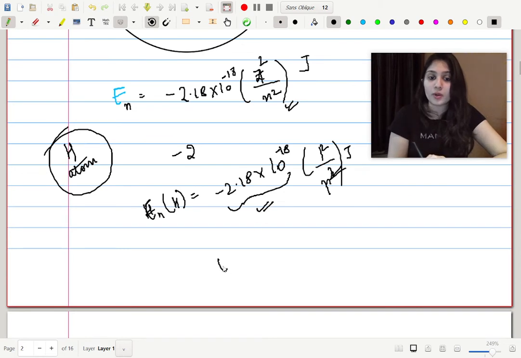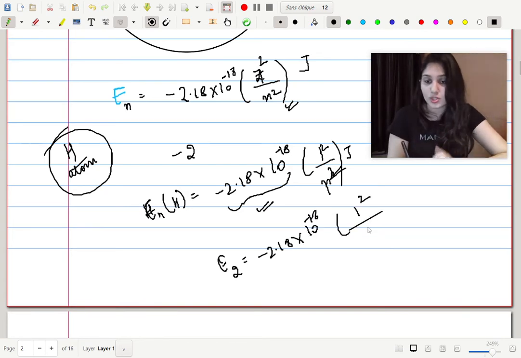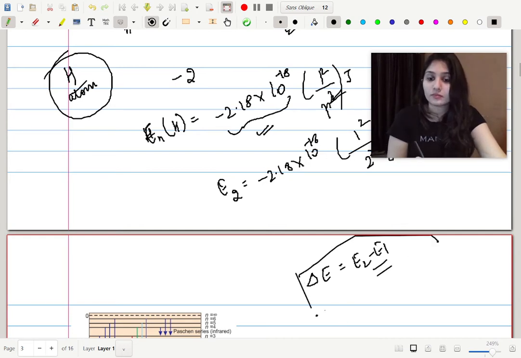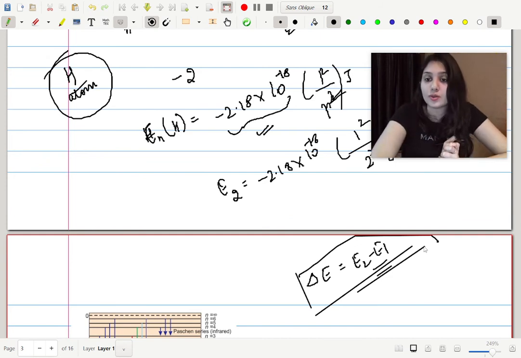For an electron in a hydrogen atom in the second shell, it is going to be minus 2.18 into 10 to the power minus 18 times 1 square upon 2 square, in joules. Is this clear? Of course, the difference in energy will be delta E, which is E2 minus E1, and we can easily calculate that. This is the formula for energy which Bohr actually gave us for the hydrogen atom, or any atom for that matter. Is it clear? All right.